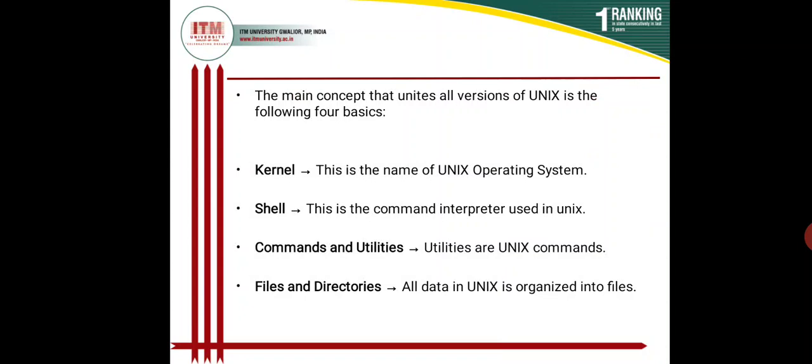Utilities are basically the Unix commands, and the application programs are like word processors, spreadsheets, or database management systems. In Unix, the user will run either a utility or an application program with the help of the shell.